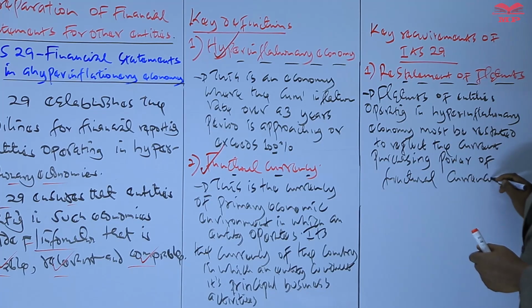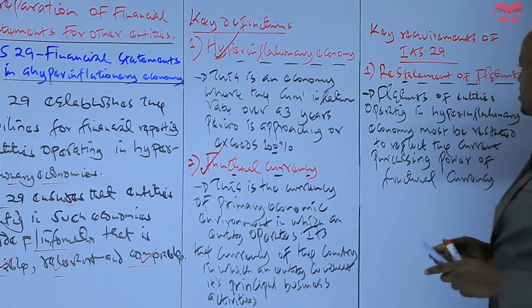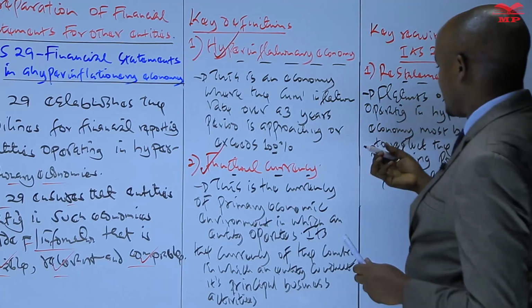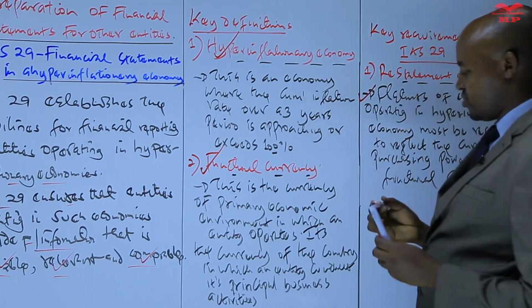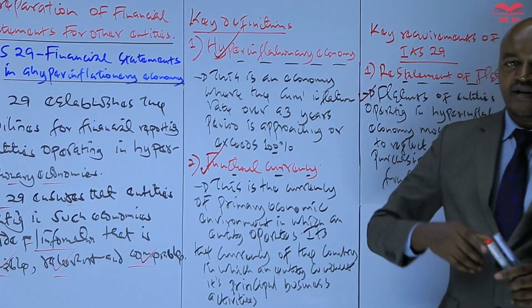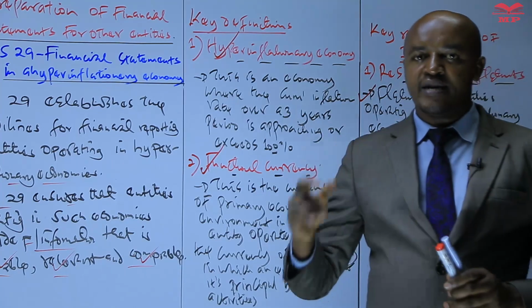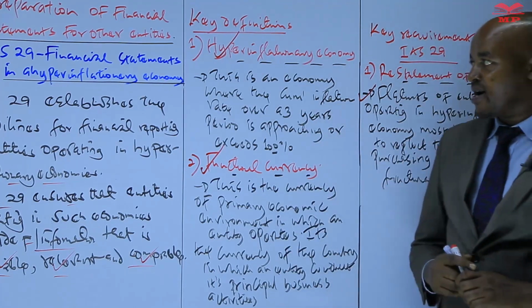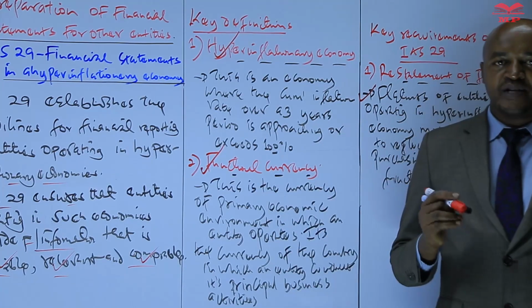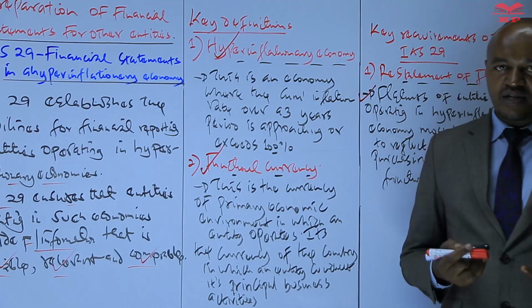So that is one of the requirements under IAS 29 as far as the restatement of financial statements by entities, or basically by companies operating in a hyperinflationary economy, is concerned.